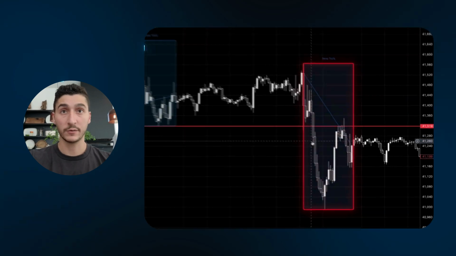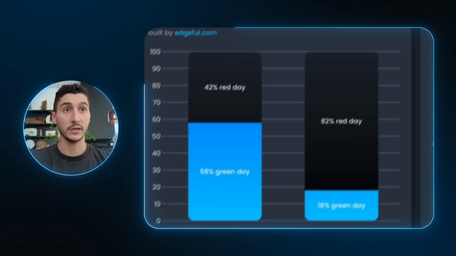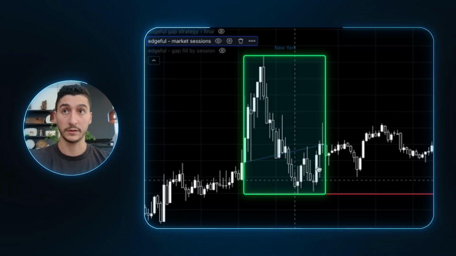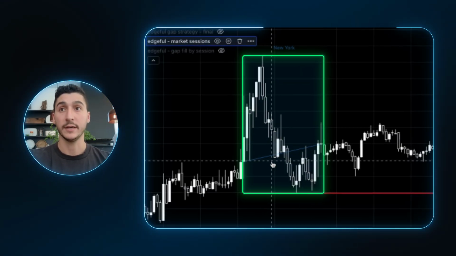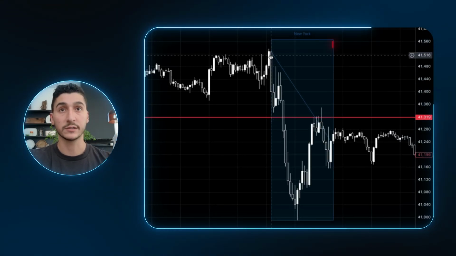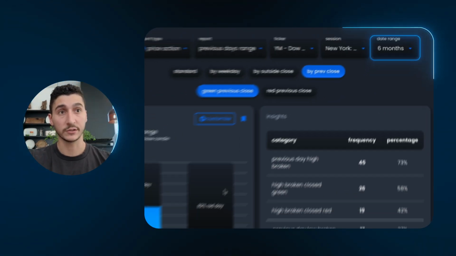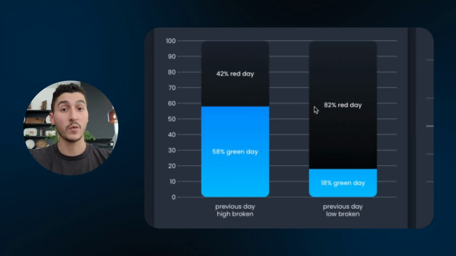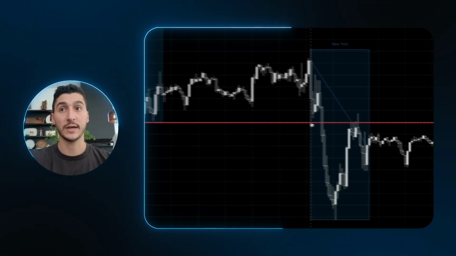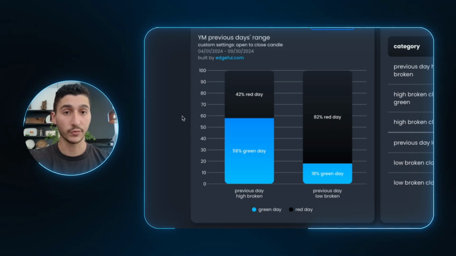Today closed red and yesterday was green. So you can see here, I have the green previous close selected, this day would qualify for that. We broke the previous day's low. Today closed red. This is on YM in the last 6 months. So if you're trading YM and you see that yesterday was green and today touches that previous day's low, there is a very big chance that today is going to close red.